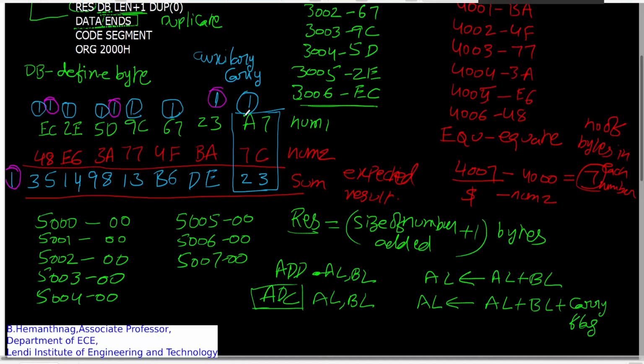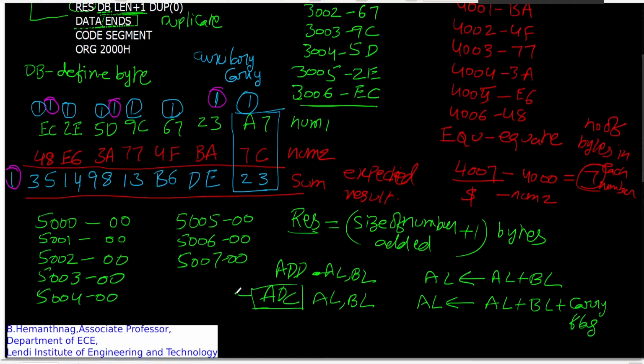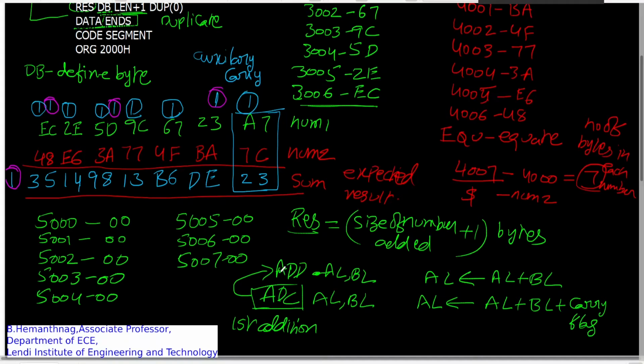But in a repeated loop, I can't change the instruction for one iteration. So to make that possible, I have to make ADC work like ADD for the first addition, which is possible if the carry flag is 0.